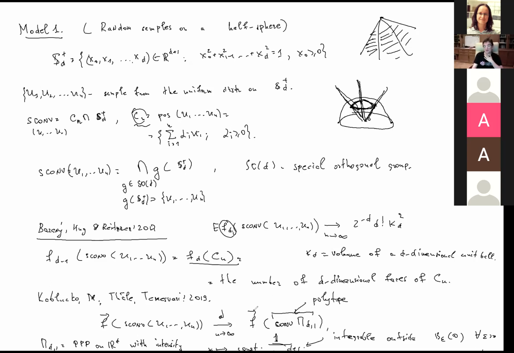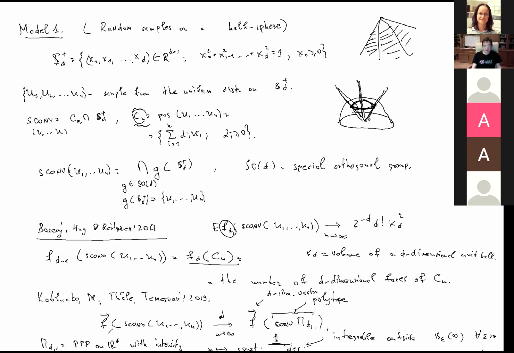And the vector f is the so-called f-vector of a polytope. Its first component is the number of vertices, its second component is the number of edges, its third component is the number of two-dimensional faces, and so on, up to (d-1)-dimensional faces. So this is a d-dimensional vector whose components are the numbers of faces of a polytope.